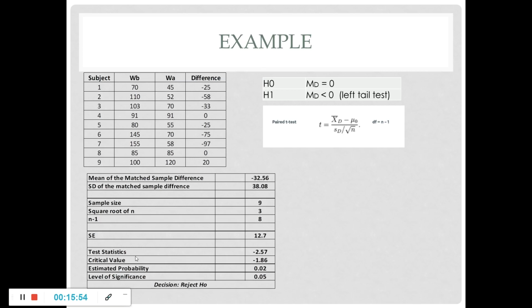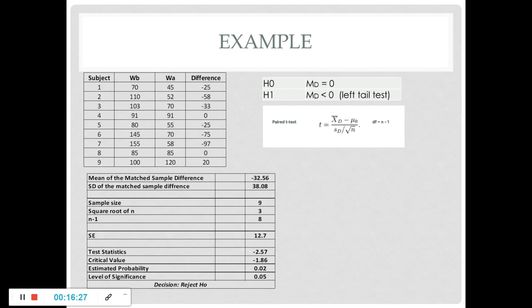First, if you go by the test statistic versus critical value approach, you can see the test statistic is less than the critical value. I have mentioned before that if it is a left tail test and your test statistic is lesser than the critical value, you reject the null hypothesis.